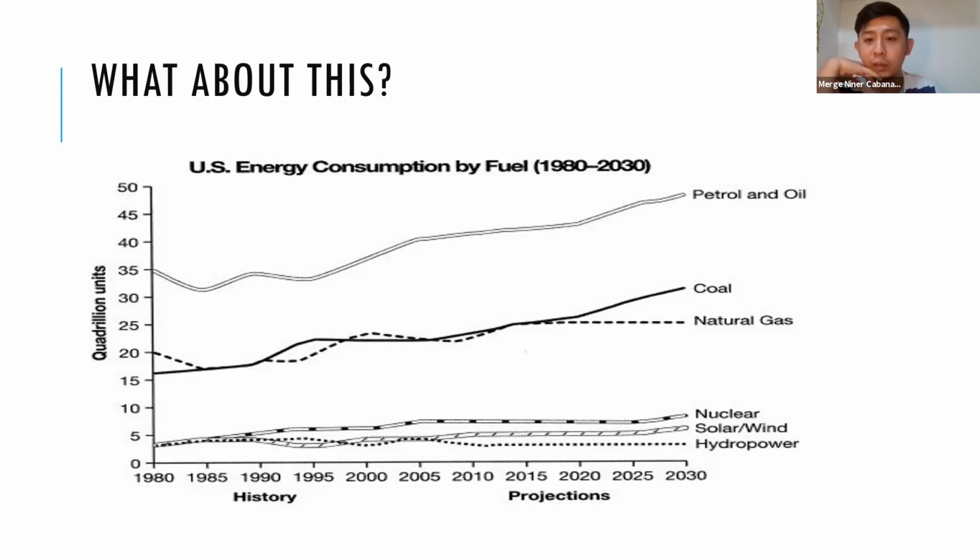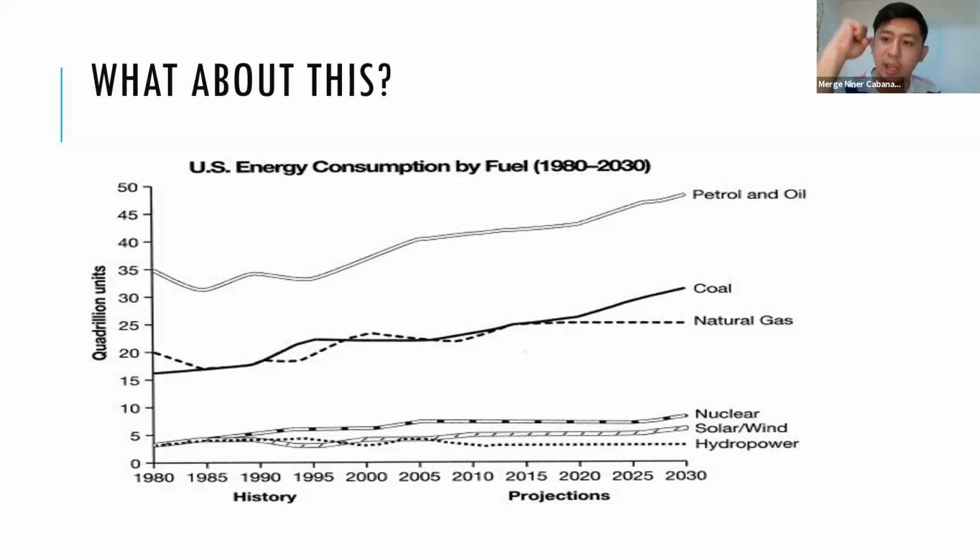Okay, Emil, can I put petrol and oil, coal, and natural gas together in one paragraph? Yes, sir. Okay. What about nuclear, solar, wind, hydropower in the same paragraph? Can I also use that? Yes. Okay. Well, you see, petrol and oil together with coal and natural gas, they have the same trend, a slightly increasing trend.